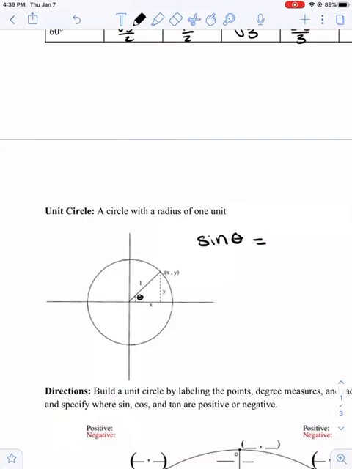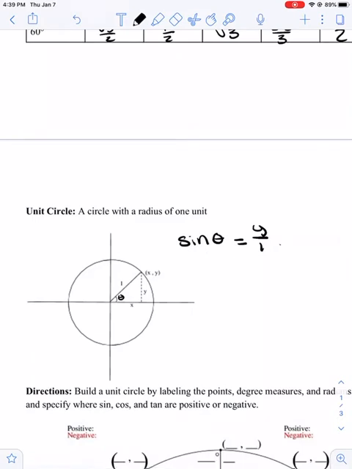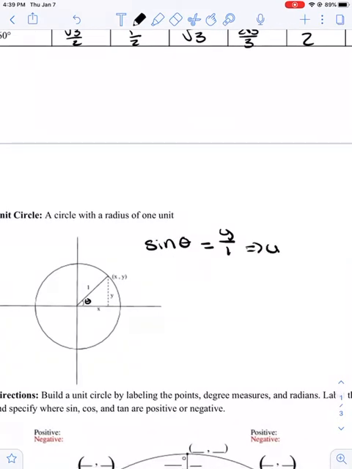So that would be y over 1. And then if I just solve for y, I'm going to multiply both sides by 1, and I get y equals sine theta.